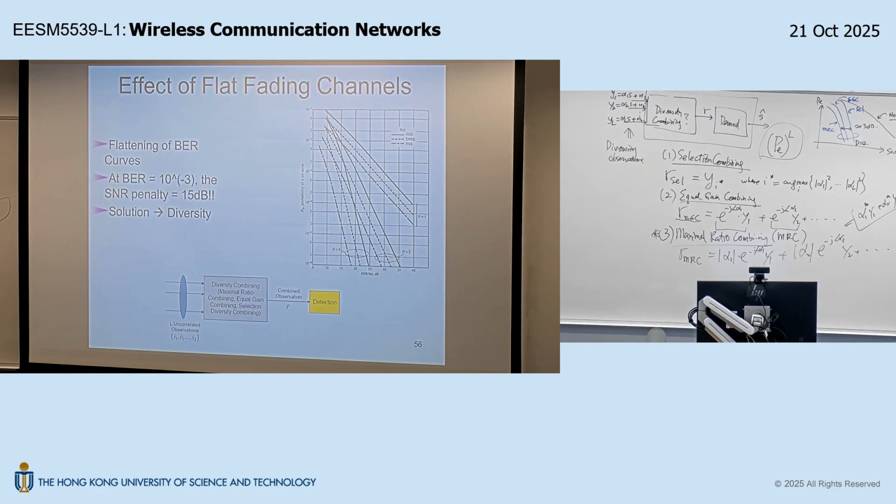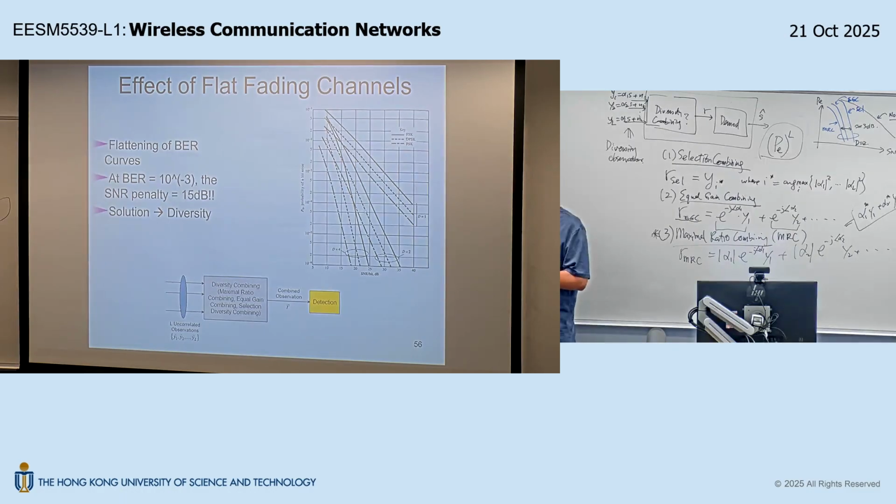And based on alpha 1 hat and alpha 2 hat, you can drive the switch, right? So this is the control path. Once the baseband estimated alpha 1 hat and alpha 2 hat, you can use this knowledge to drive the switch. For example, if the magnitude of alpha 1 hat is larger, then Y1 would be more reliable than Y2. Then you should set the switch in the first position.